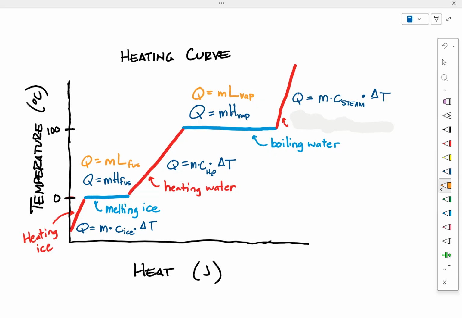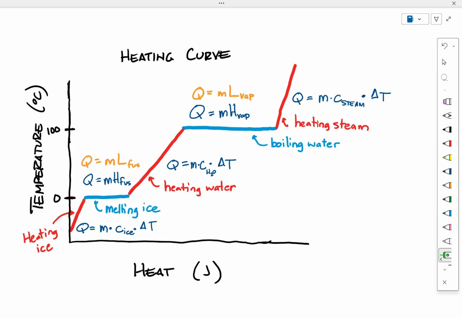And then once we finish vaporizing or boiling all of the water, that is to get it from a liquid to a vapor state or a gas, now that vapor or gas can continue to increase its temperature in this last portion where we're heating up steam. And again, we would employ the Q equals MC delta T equation for that.